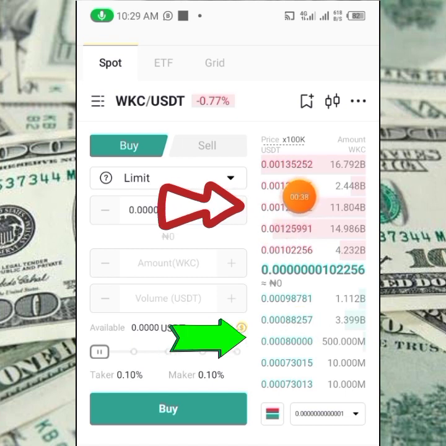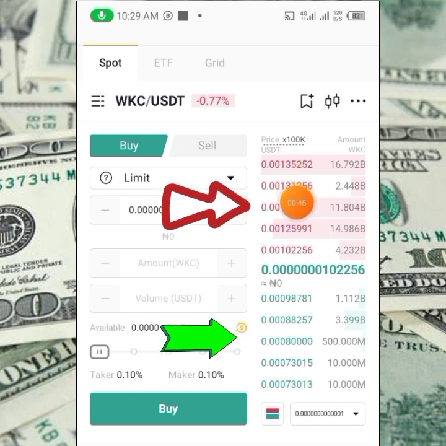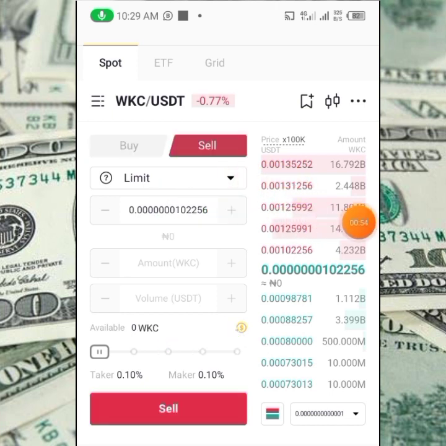Now looking at these red signs, it will clearly show you that this is the selling market. So when you are selling, you should always consider the price.